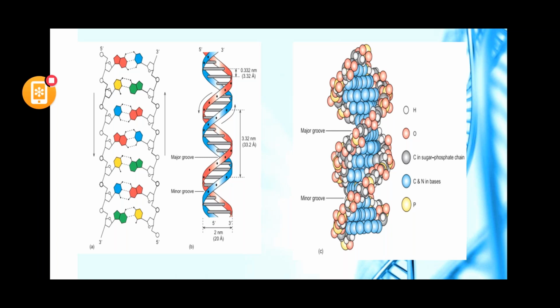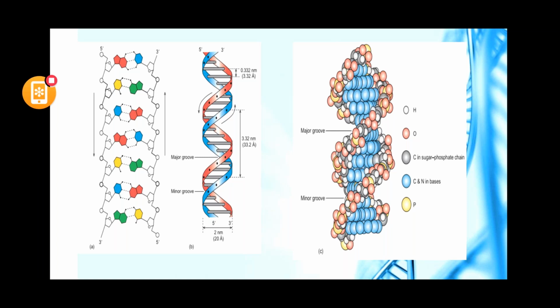Now you can see the minor groove and major groove in the picture, and this is called the helix turn. One helix turn is 33.2 angstrom in length. The spacing between the bases is 3.32 angstrom.